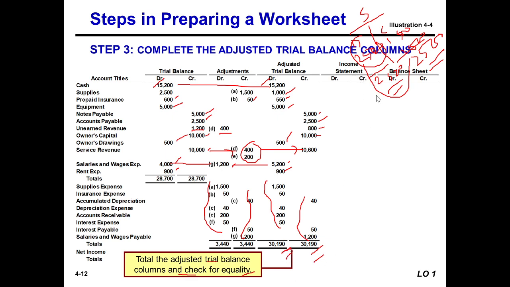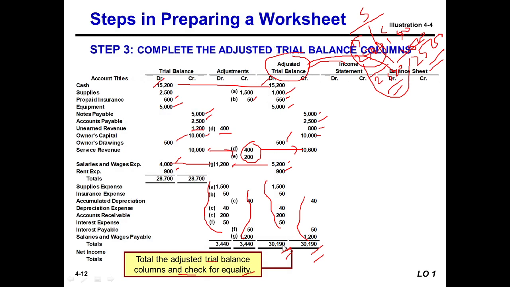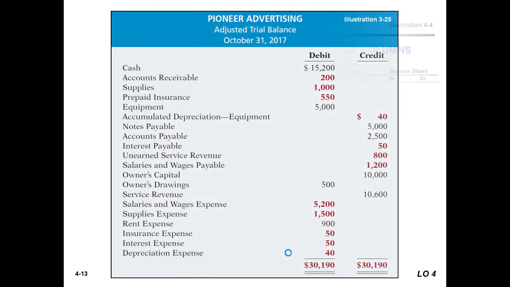Now the income statement. You know that in this adjusted trial balance, the account titles will be shifted to our income statement and balance sheet. Okay, so this is the adjusted trial balance. That means this adjusted trial balance is 30,190. This is the 30,190. That means the same trial balance is here. Pioneer Advertising adjusted trial balance, October 31st, 2017.